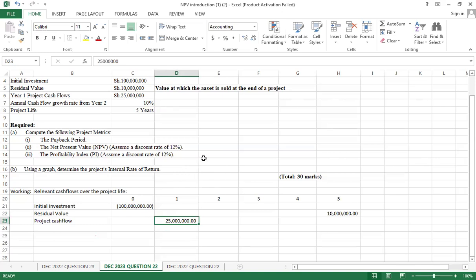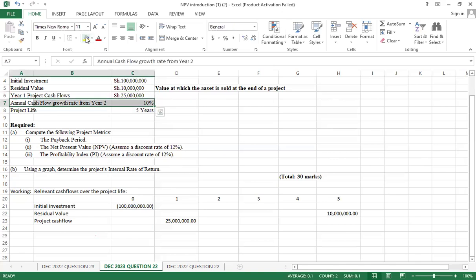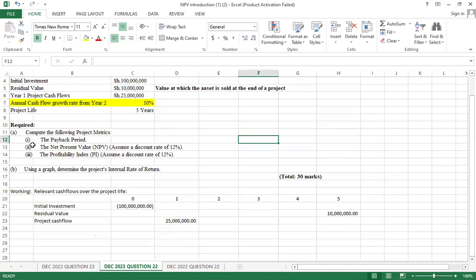Now, what about year 2 to 5? Look at what we are told here. Year 1 project cash flow, we have that 25 million. But now this other statement is very important for the rest of the years. Because we are told we have annual cash flow growth rate from year 2, 10%.